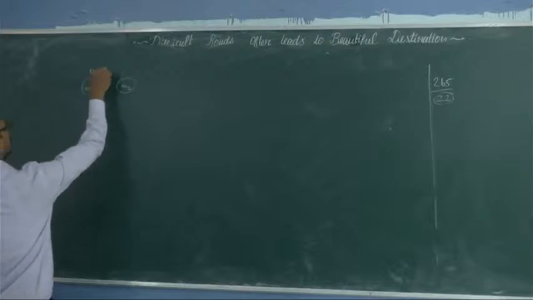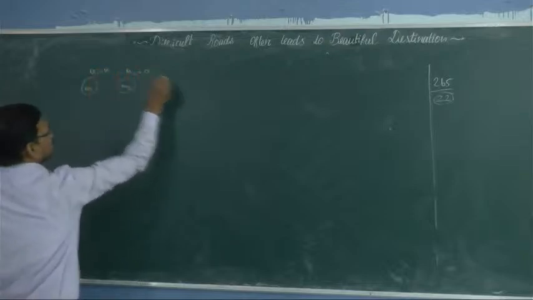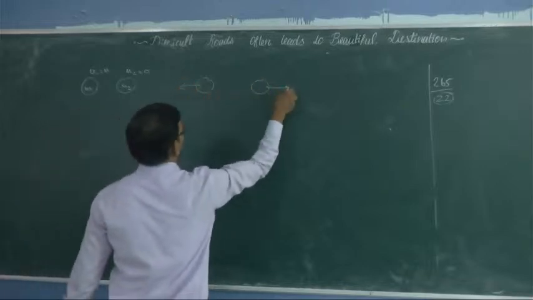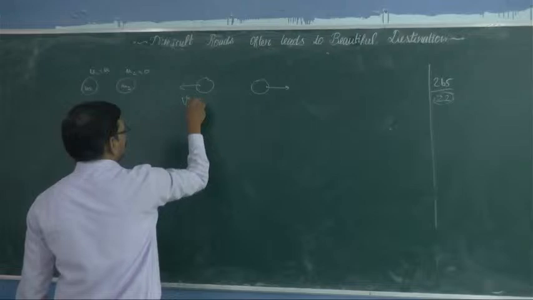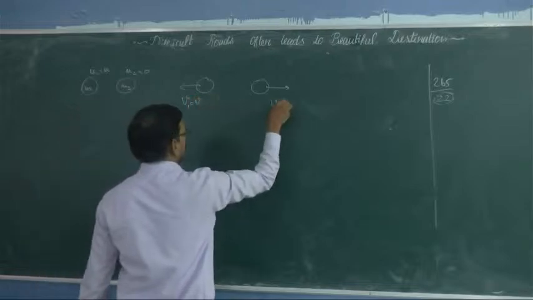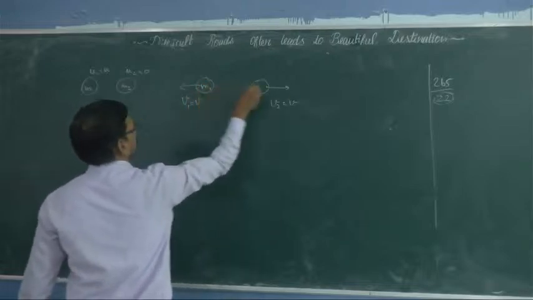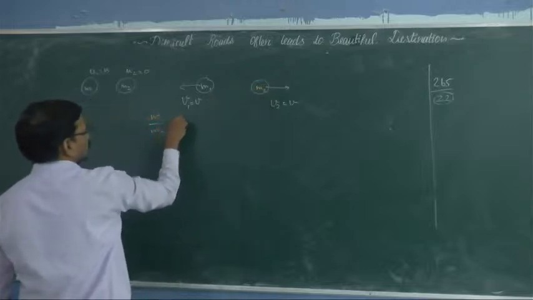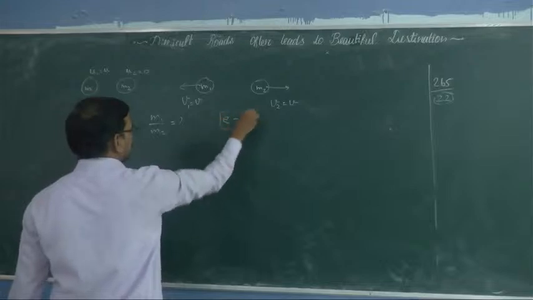The u1 value is u, u2 is equal to 0. After collision, they will move in opposite direction, with velocity v1 equal to v and v2 also v, but the direction is opposite. The question is the identification of m1 by m2. E is equal to 1 is the given condition.